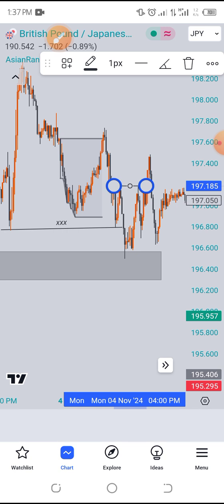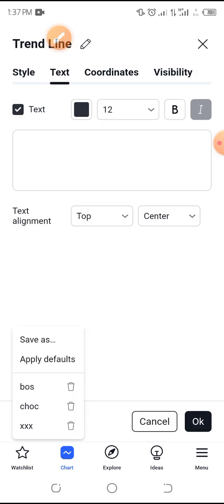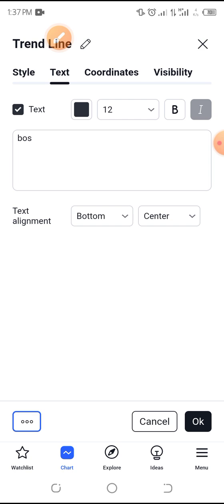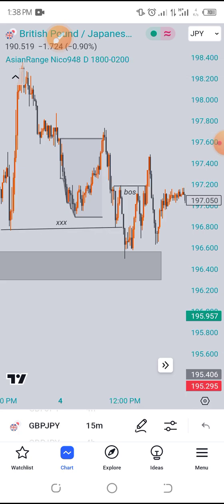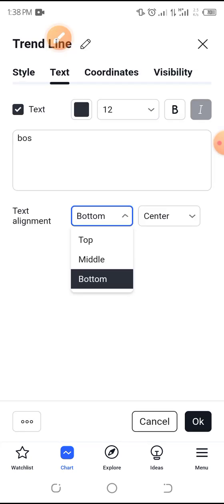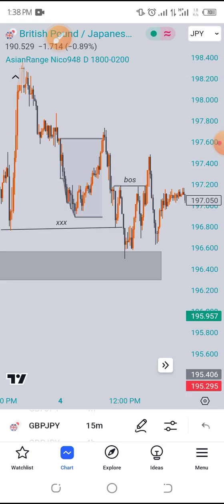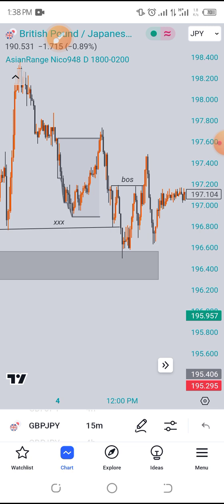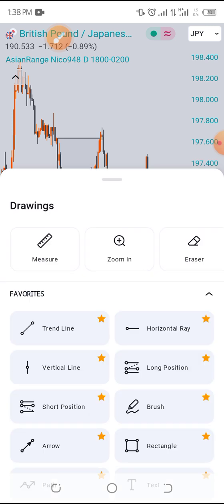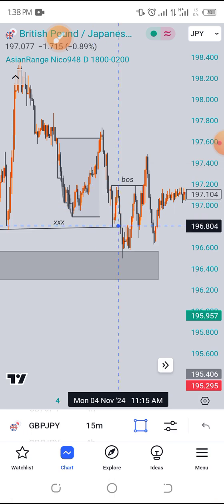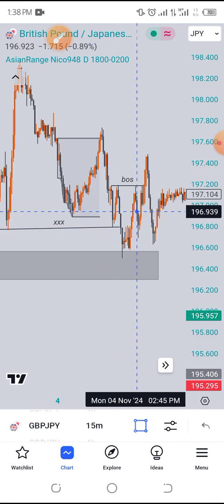For those that don't understand basic market structure, you might want to go watch my previous videos on that. I've already done videos on how to identify and spot valid change of characters and breaks of structure. So you had a break of structure to the upside, and the next thing you want to identify is a return to order block.